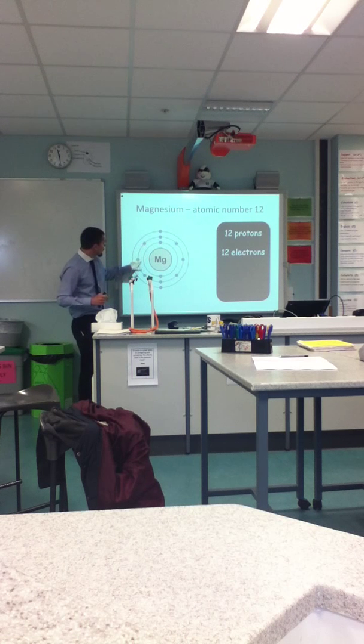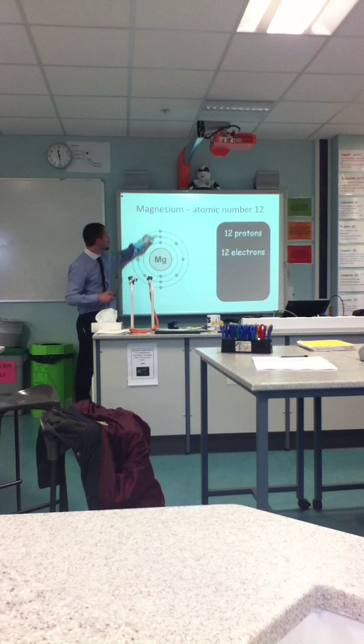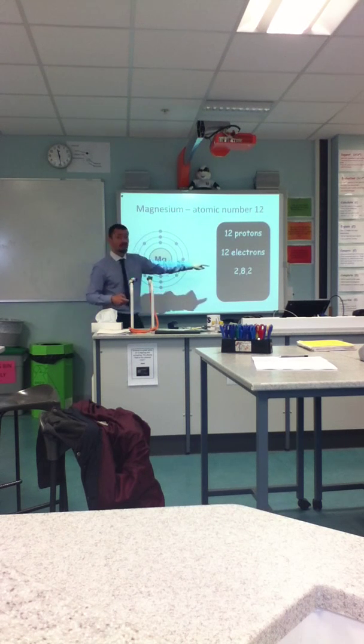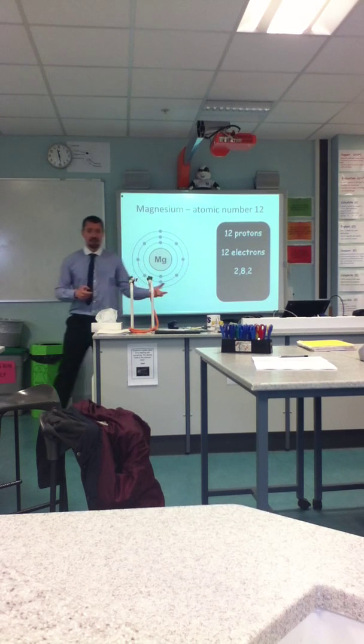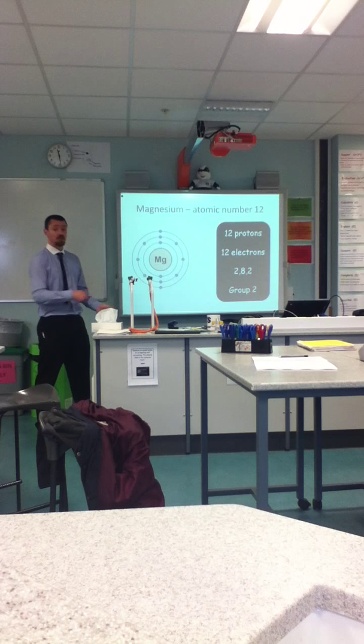We can only fit 8 in the next energy shell, so that means it's 2, 8. But that's only 10 electrons, and we know that magnesium's got 12 electrons, so the final 2 have to go into the third shell, giving us an electron configuration of 2, 8, 2. What group must magnesium be in? 2. It must be in group 2.